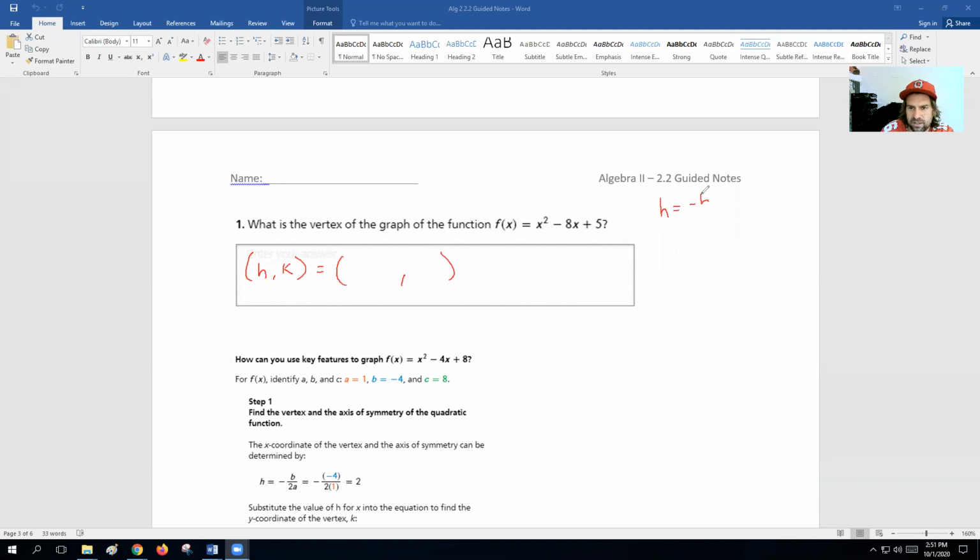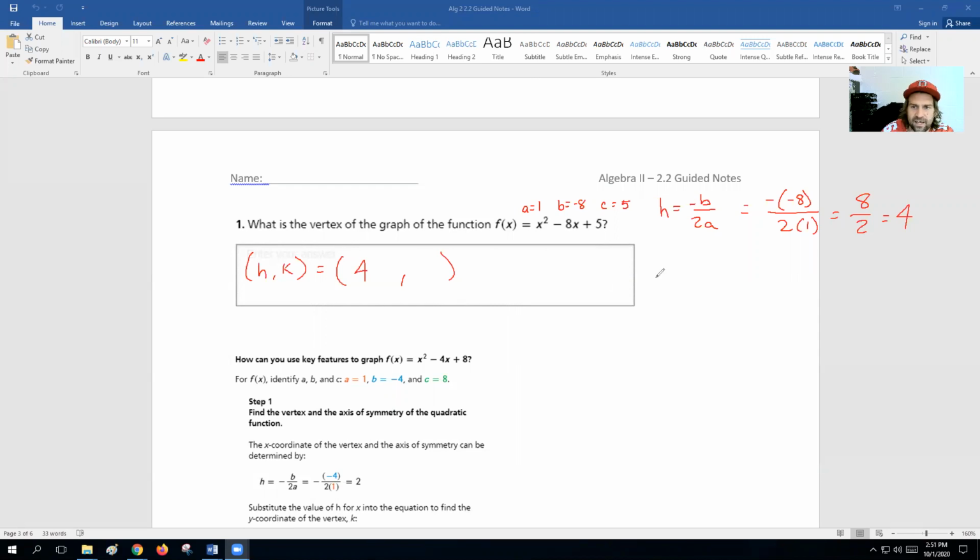H is equal to negative b over 2a. So a in this case is 1, b is negative 8, and c is 5. So our h is going to be negative negative 8 over 2 times a, which is 1. So that's a positive 8 over 2. H would be 4.